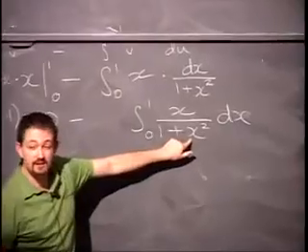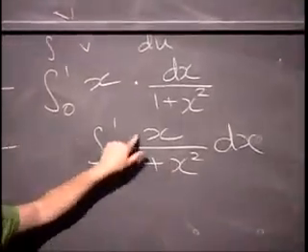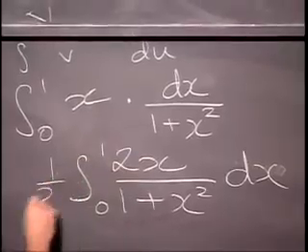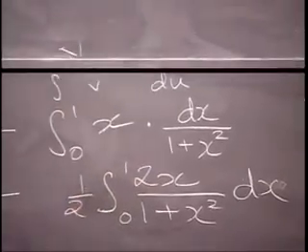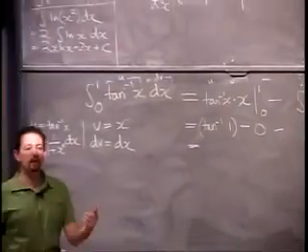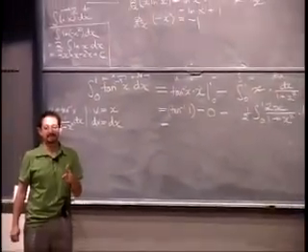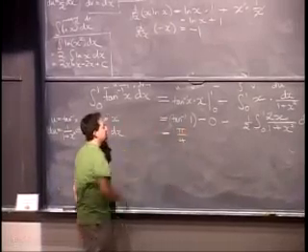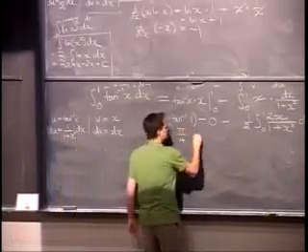I said, oh, look, the derivative of the bottom is 2x. So I just put in the 2 and the 1/2. Who knows what inverse tan of 1 is? Tan of what is 1? Pi over 4. Of course, there are other solutions, but that's the only one within the acceptable range.